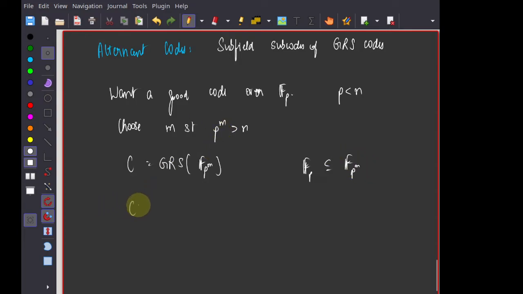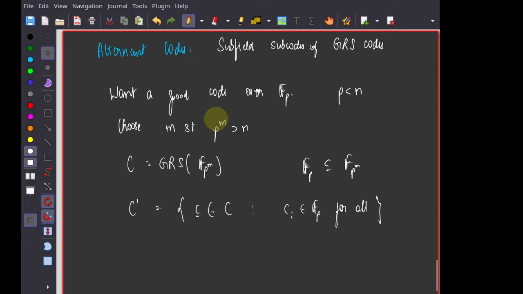I define a new code C prime to be the set of all code words in the generalized Reed-Solomon code such that all the entries come from this base field. Okay, so I started with the base field, which has small size.